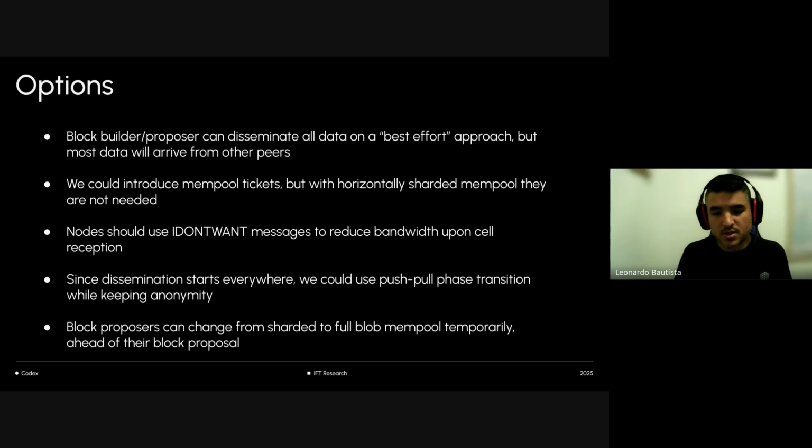So I'm not going to have a sharded blob mempool, I'm going to have a full blob mempool for the duration of these 2 epochs in order to be able to propose a block with all the blobs that I want. After you propose the block, you can switch back to a sharded blob mempool. So you can have these temporary transitions when you need to propose a block, because you know in advance.